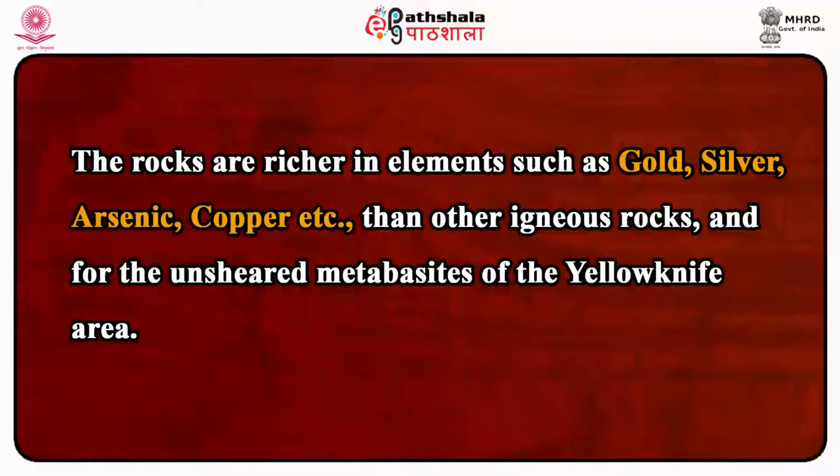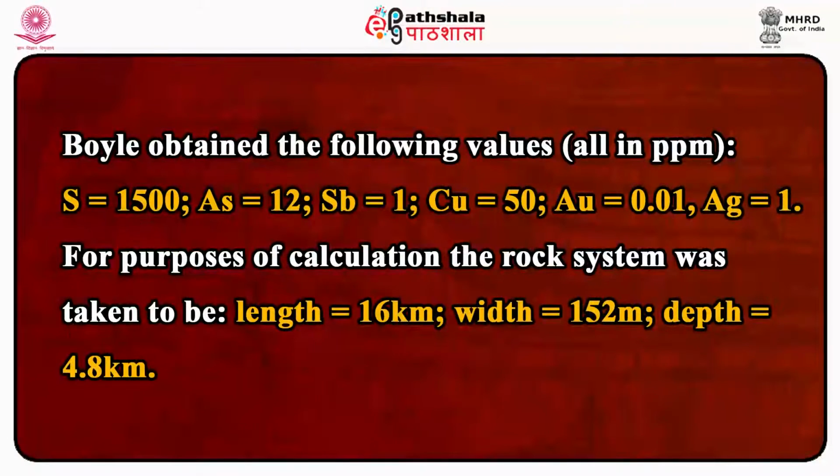The rocks are richer in elements such as gold, silver, arsenic, copper, etc. than other igneous rocks, and for the unsheared metabasites of the Yellowknife area, Bailey obtained the following values, all in ppm: sulfur 1500, As 12, Sb 1, copper 50, Au 0.01, Ag 1.